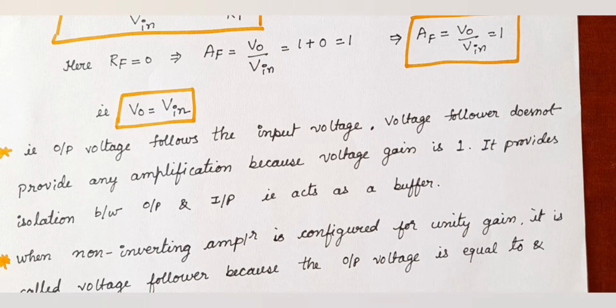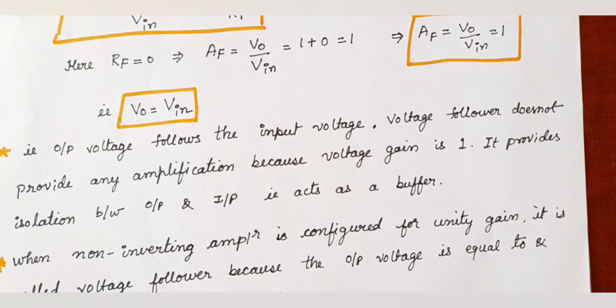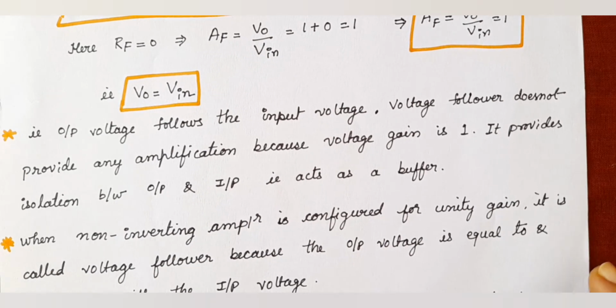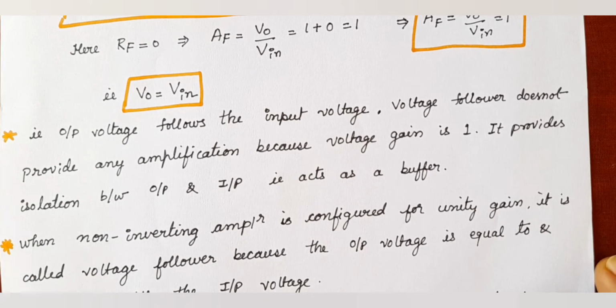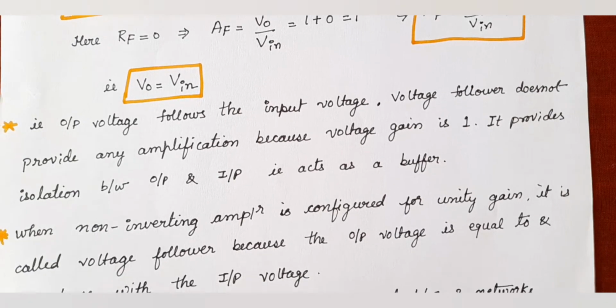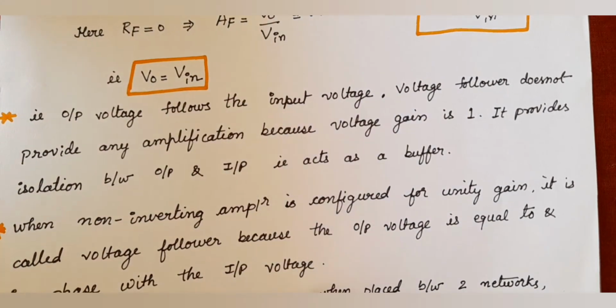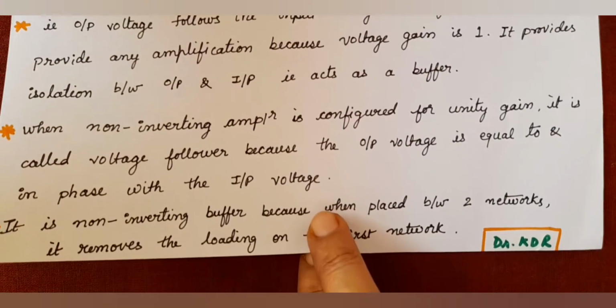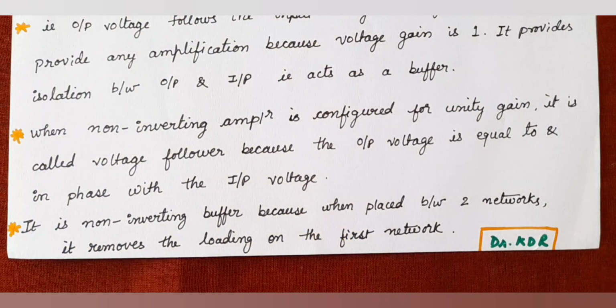When the non-inverting amplifier is configured for unity gain, it is called a voltage follower, because output voltage is equal to input voltage and is in phase with the input voltage. So what can we say? It is a non-inverting buffer because when placed between two networks, it removes the loading on the first network.